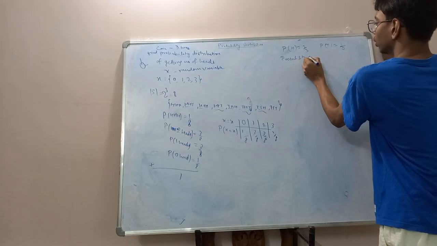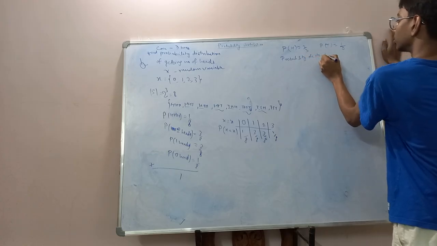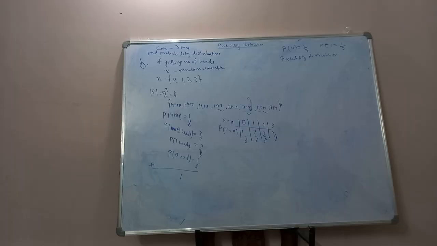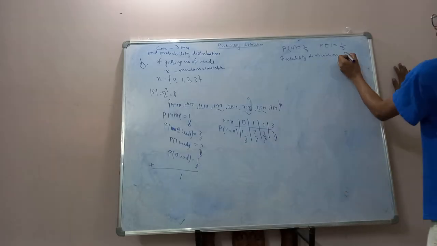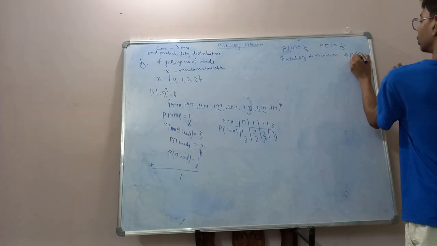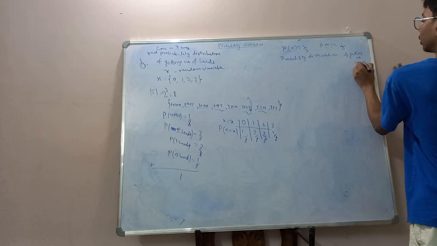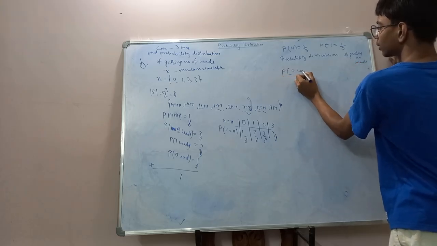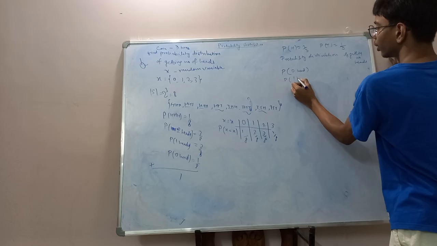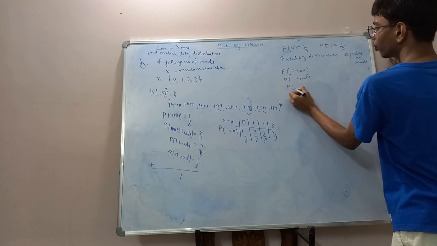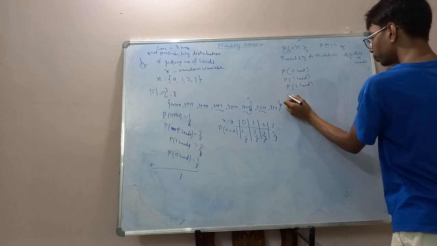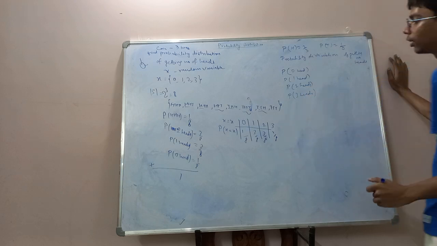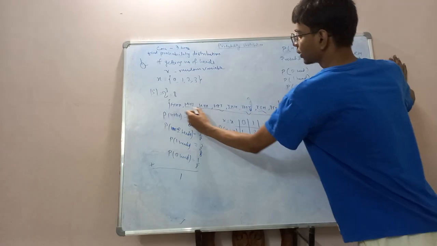That means again the probability of getting 0 heads, 1 head only, 2 heads only, and 3 heads. The sample space is again the same.